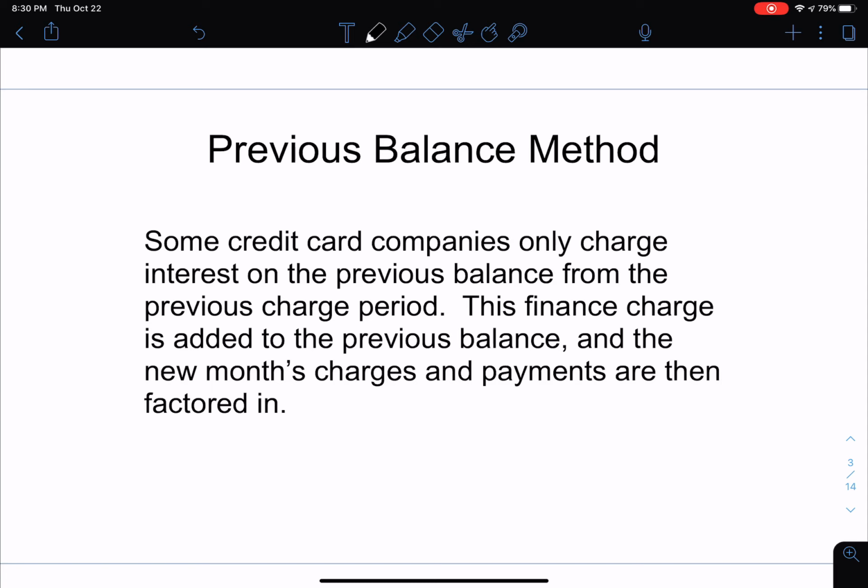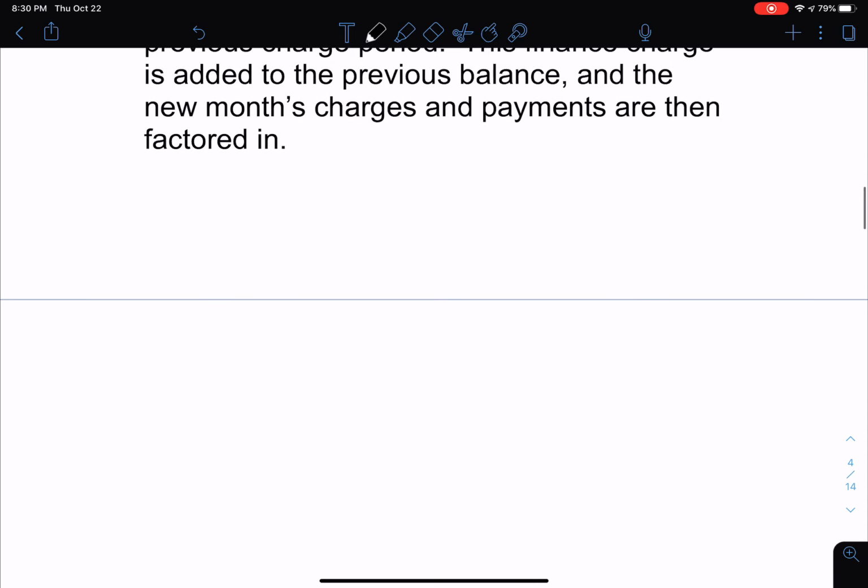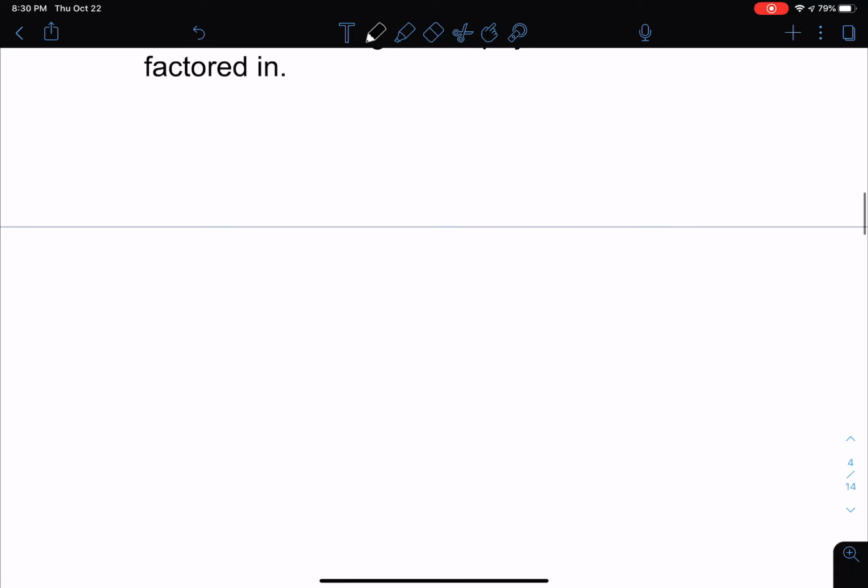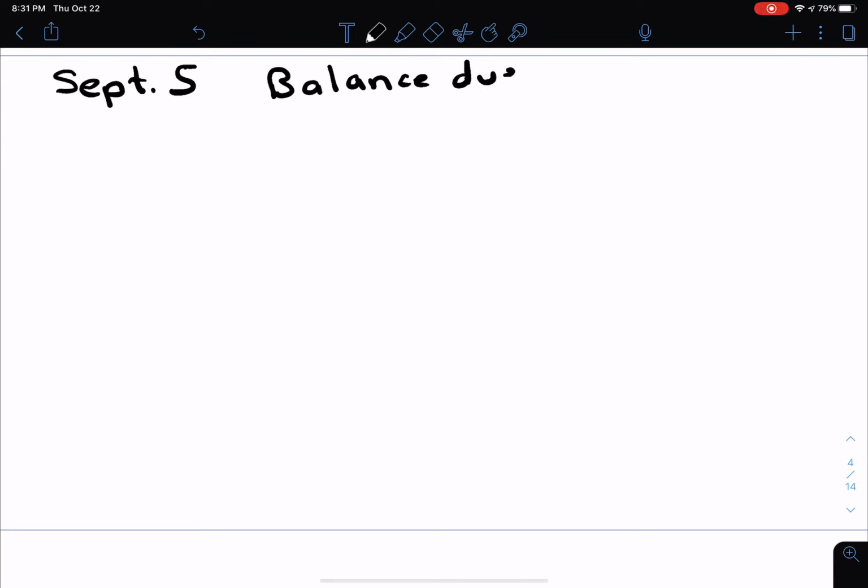All right. For an example, on September 5th, there is a card that has a balance due of $567.20.